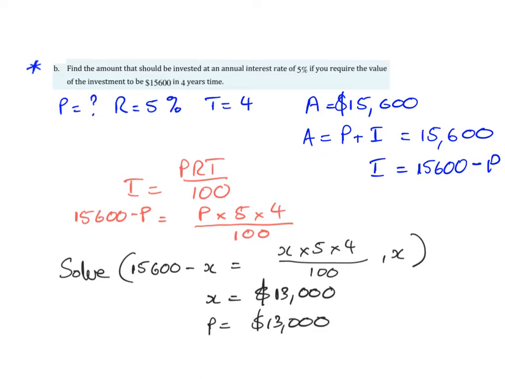But this way that I've set it out is actually reasonably logical. Okay, this is the important bit here though: recognising that you are given A and that A is equal to P plus I. So that is two different ways of calculating the principal depending on what information you are given.